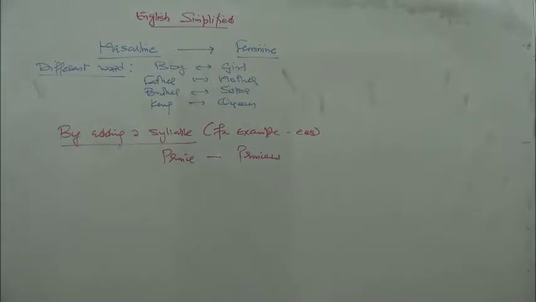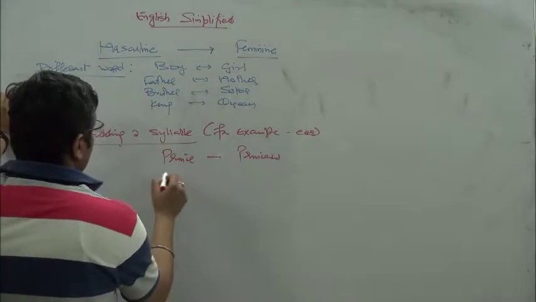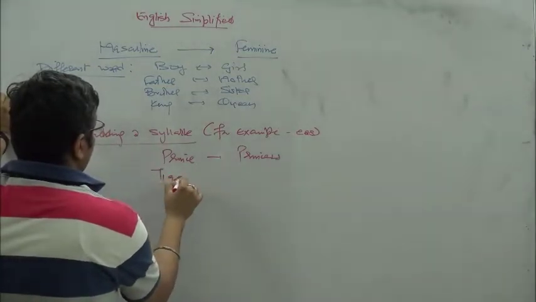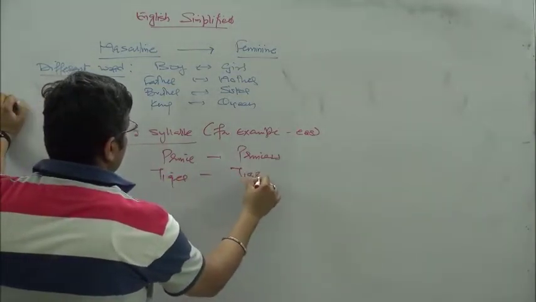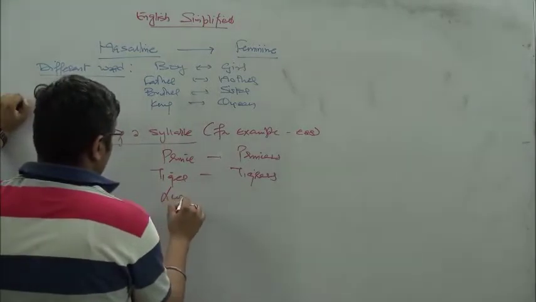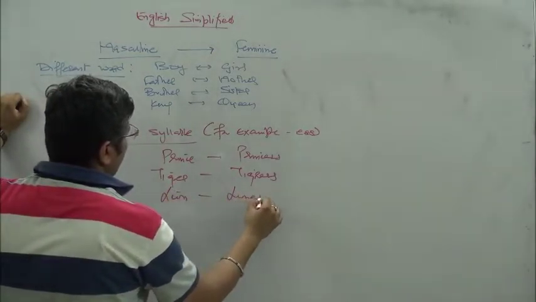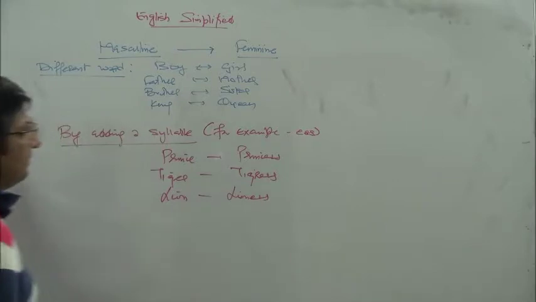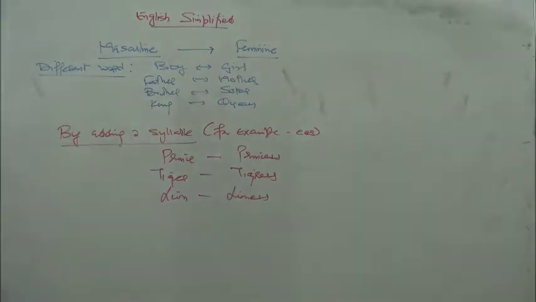If I say tiger, I have tigress to that. All right, if I say lion, lioness becomes the feminine gender or feminine noun to that.